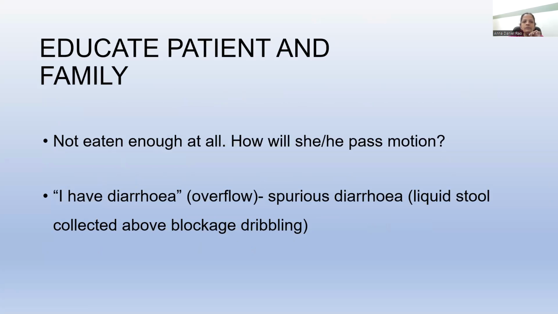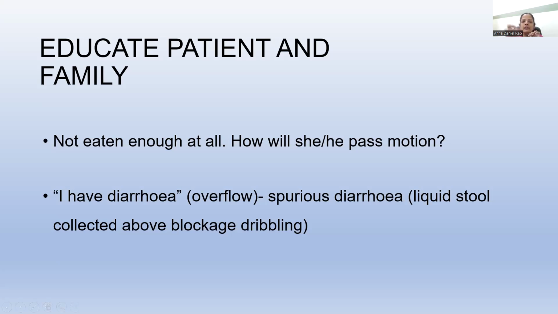Okay, so these questions I told should be advised. Many times the patient may complain that he is having diarrhea, but actually it may be spurious diarrhea.